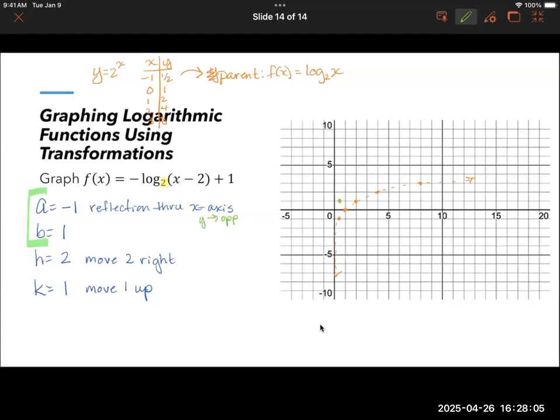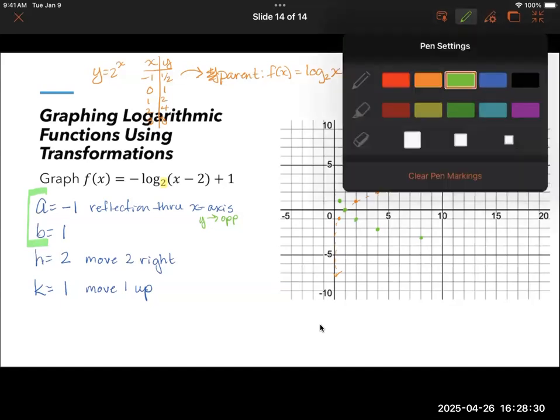The 1, 0 doesn't change because there is no opposite of 0. Then the 2, 1 is going to become 2, -1. 4, 2 becomes 4, -2. And 8, 3 becomes 8, -3. Okay, so that's where my points would be based on the reflection.